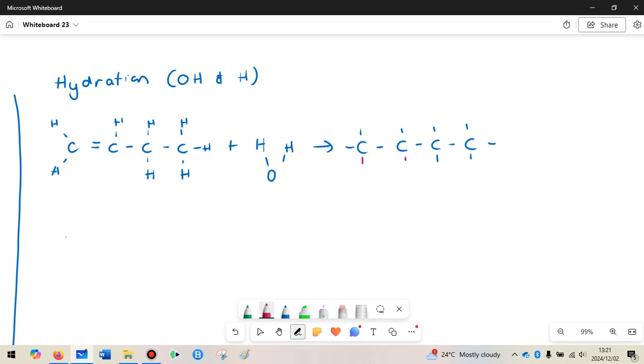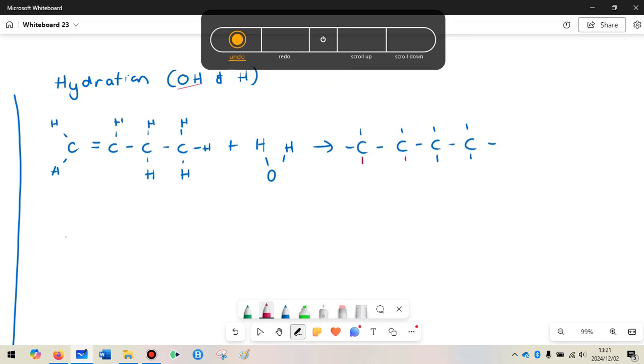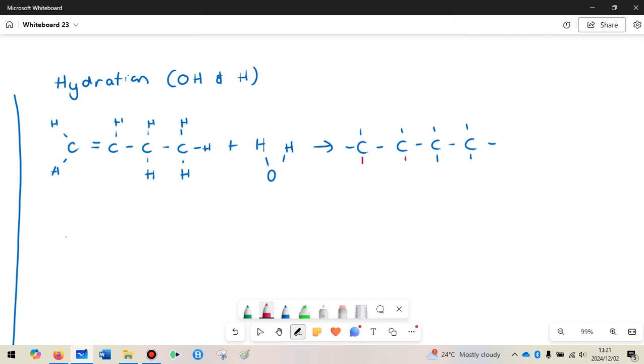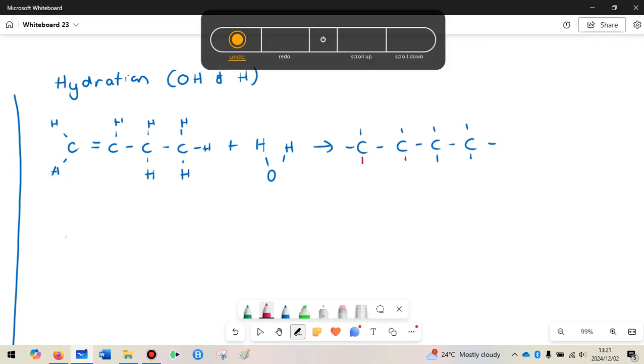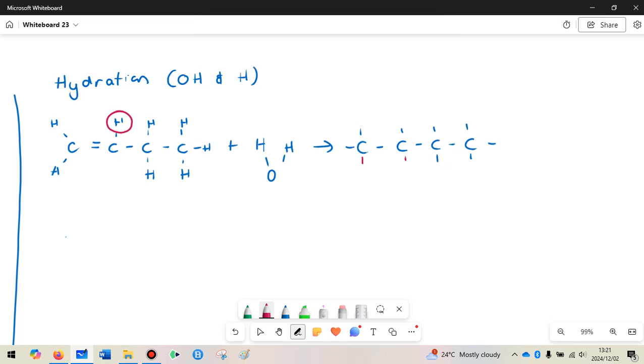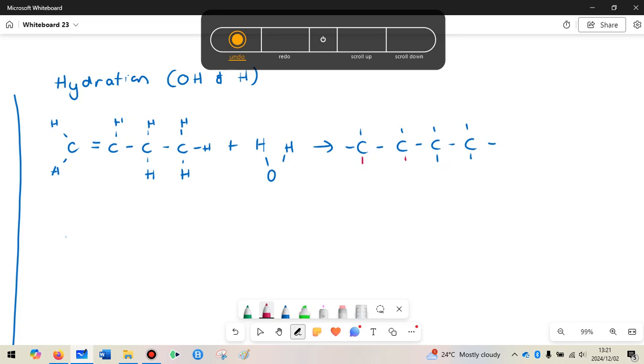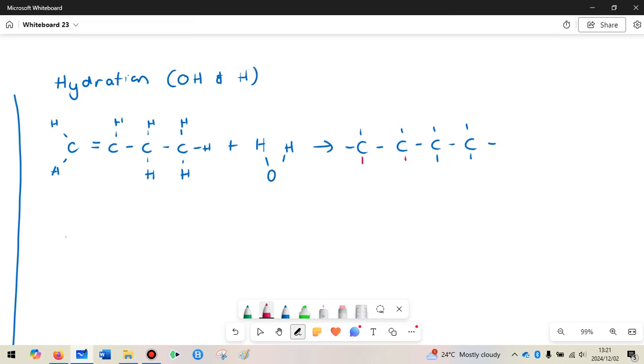But the rule says that the OH, same as the Cl when we're about to do hydrohalogenation, gets added to the carbon that had the least number of hydrogens bonded to it to begin with. Carbon number 1 has 2 hydrogens attached, and carbon number 2 only has 1 hydrogen. So OH gets added to carbon number 2.